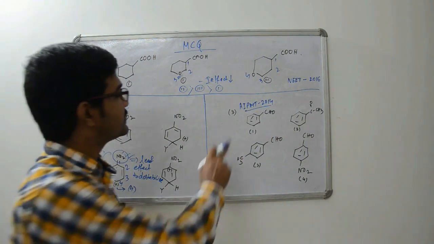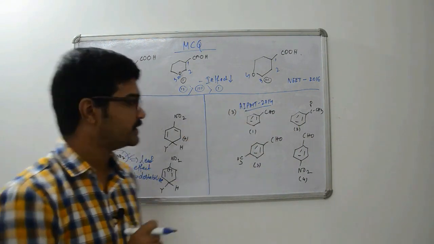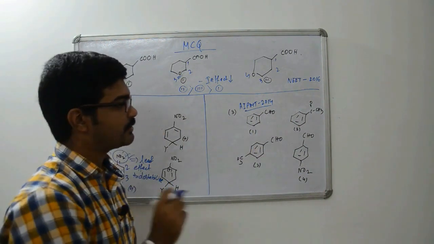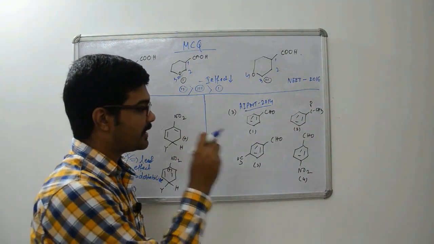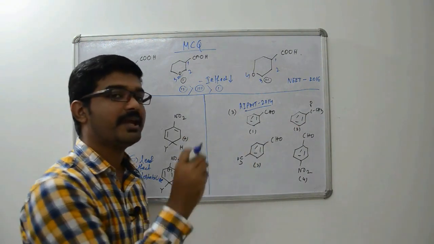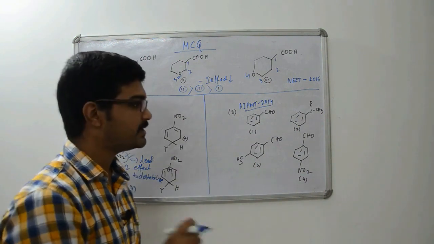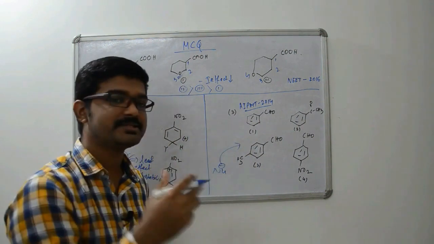Now let's see question number 3. This was asked in AIPMT 2014. Among these following aromatic compounds, the question was asked, which will be most efficient in nucleophilic addition reaction? Nucleophilic addition reaction, that means any nucleophile will attack this compound.